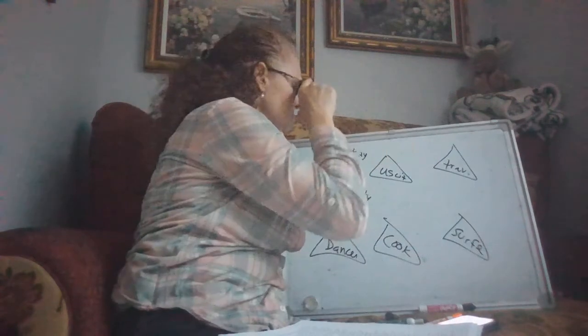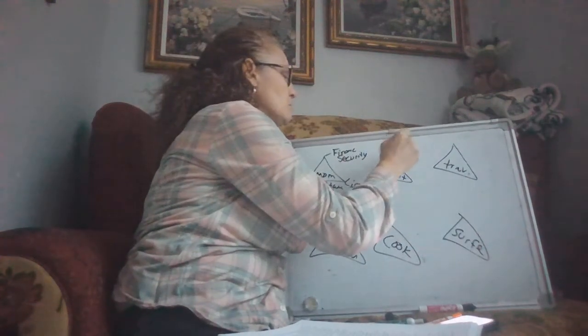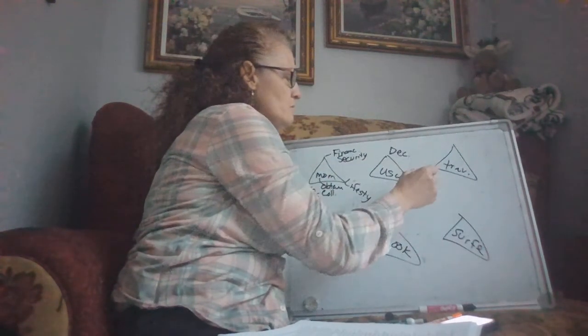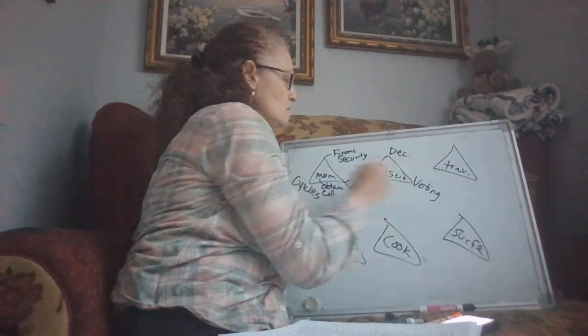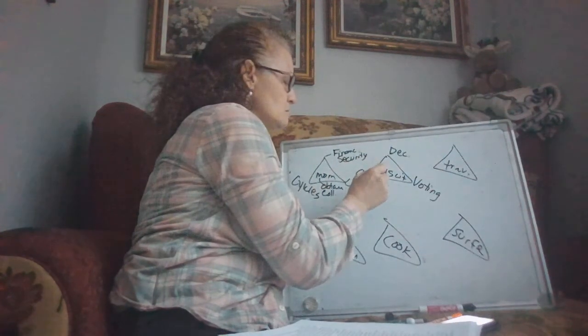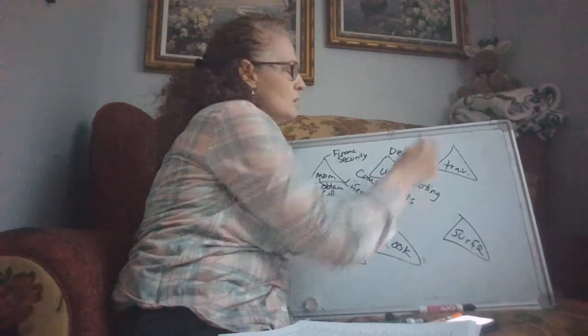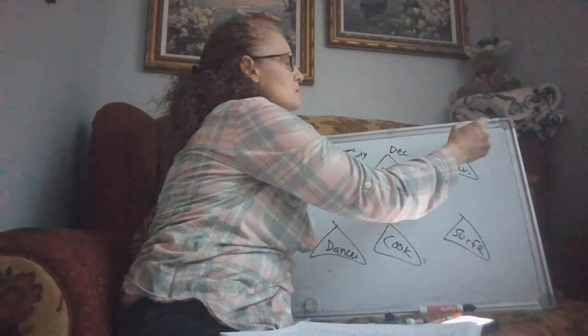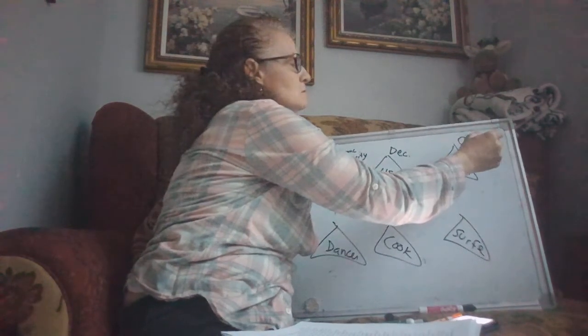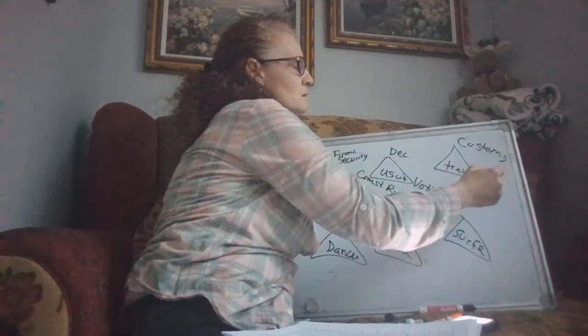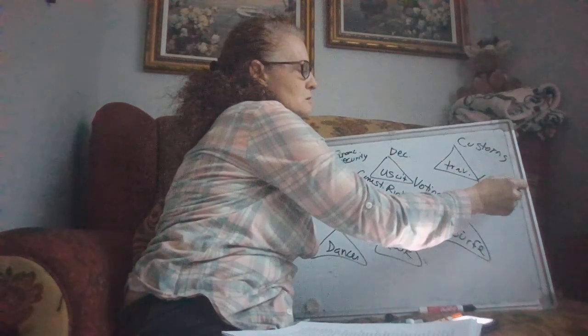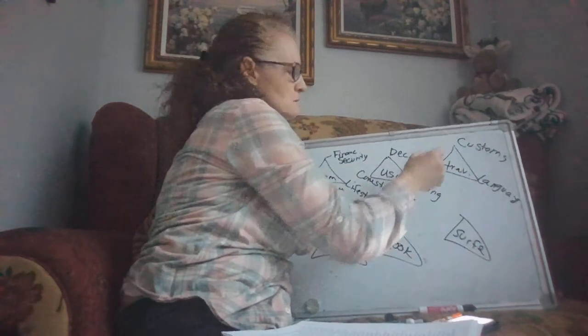A U.S. citizen needs to have a knowledge about their democracy, about voting, and about constitutional rights. A traveler should know something about customs, language, and money.